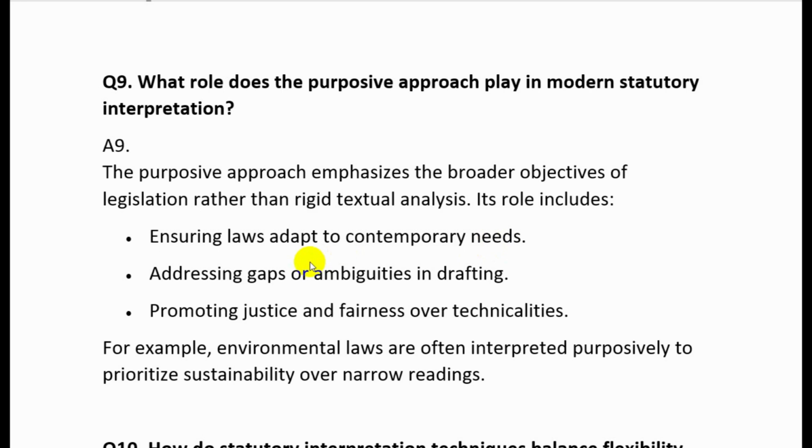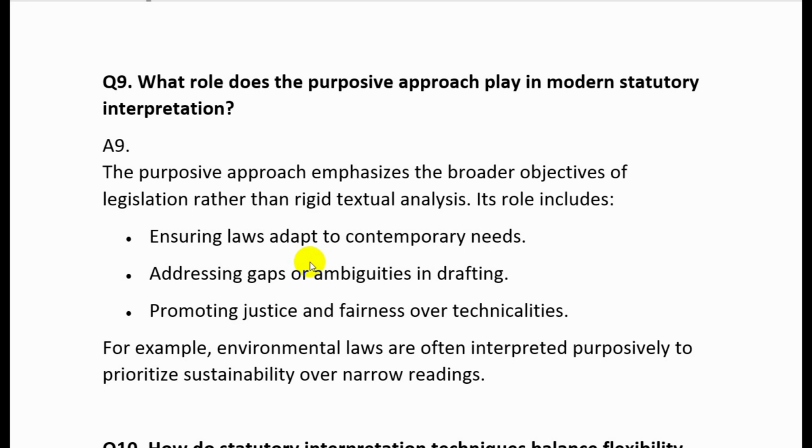The purposive approach also tries to address gaps or ambiguities in drafting. When we understand what was the purpose of bringing the law or the statute into effect, we are trying to address ambiguities, differences, and gaps in the drafting and the actual law. Purposive approach also promotes justice and fairness over technicalities.